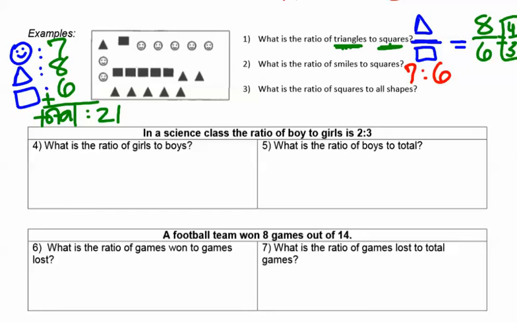Again, we have 3 different ways that we can write ratios. And last, we want the ratio of squares to all shapes. So we would do squares over total. Okay, we have 6 squares out of 21 total shapes. So it would be 6 over 21.